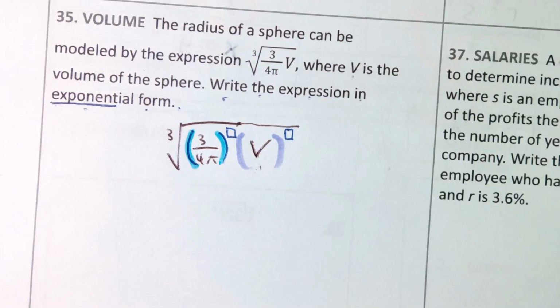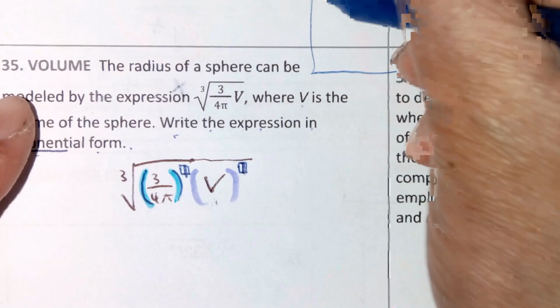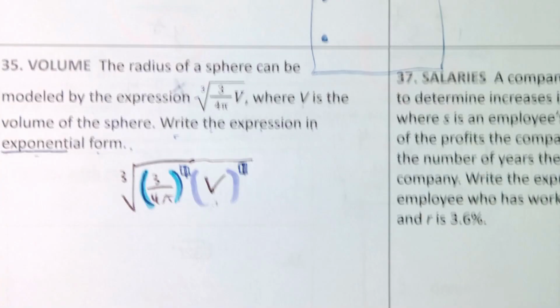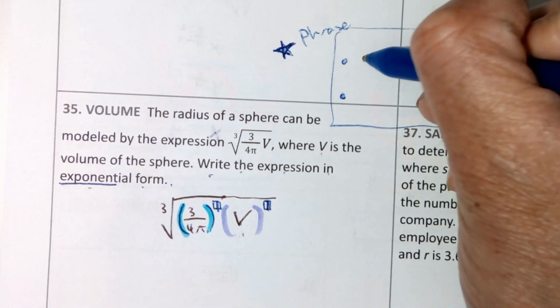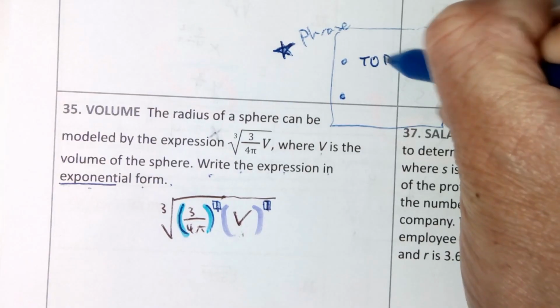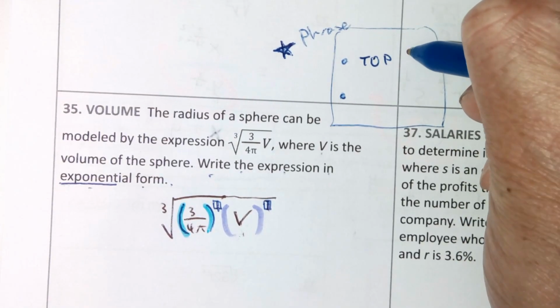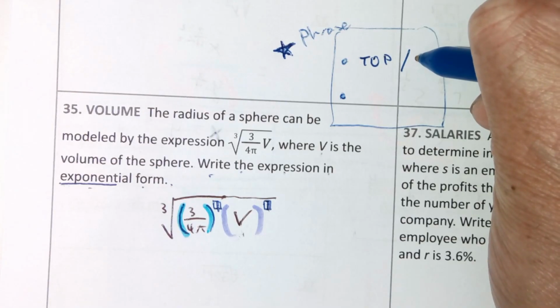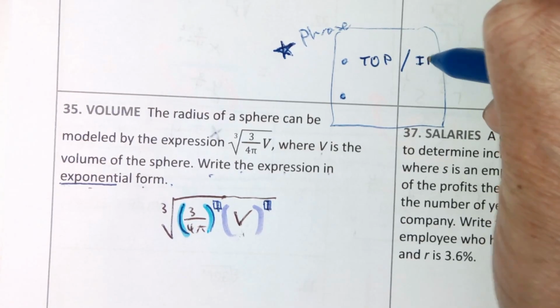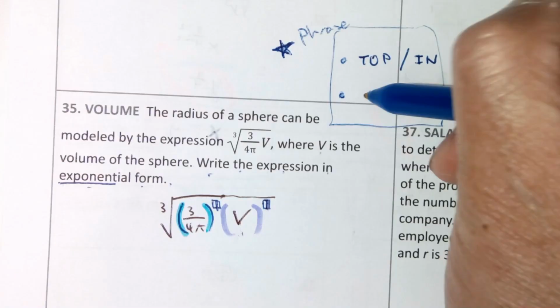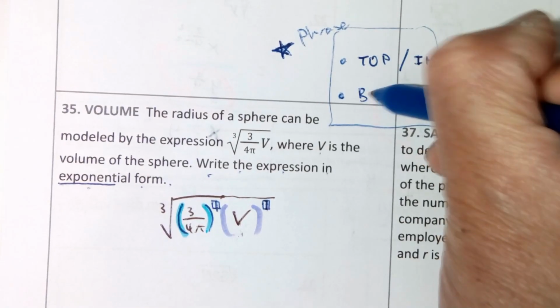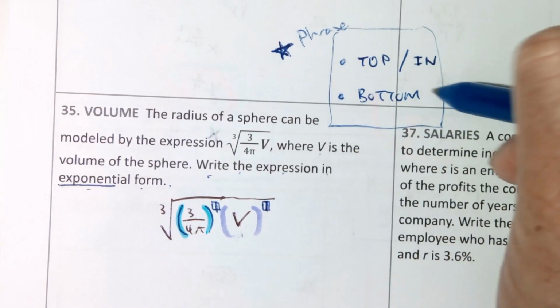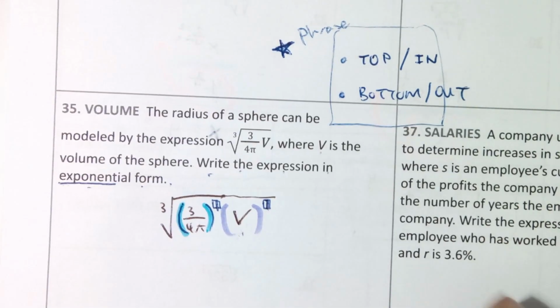Go ahead and tell your partner what number goes there. Okay, and then we're just going to use our silly phrase. Okay, our silly phrase is top in the radical. And then bottom of the fraction will go on the outside of the radical.